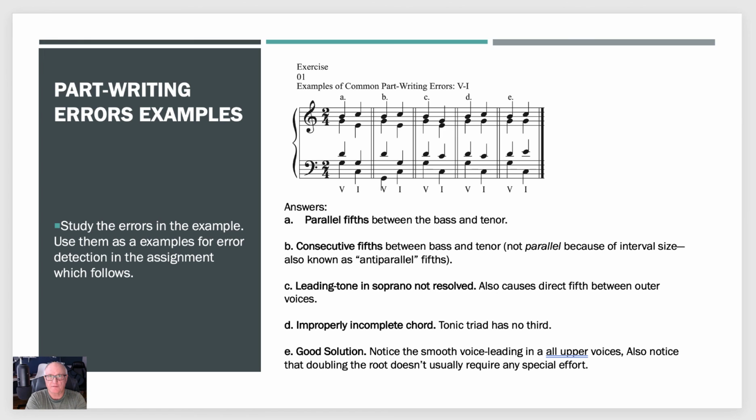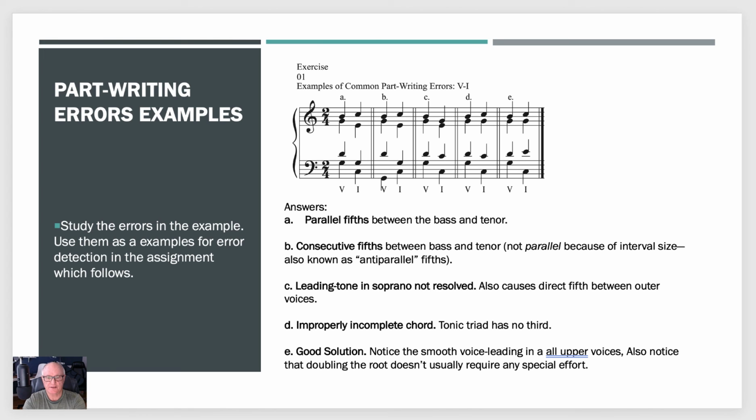That's bigger than a perfect fifth. And we get this sound. Now, it sounds pretty good, right? But the problem is if you were singing that, it makes it really hollow between the tenor and the bass. That's consecutive fifths.